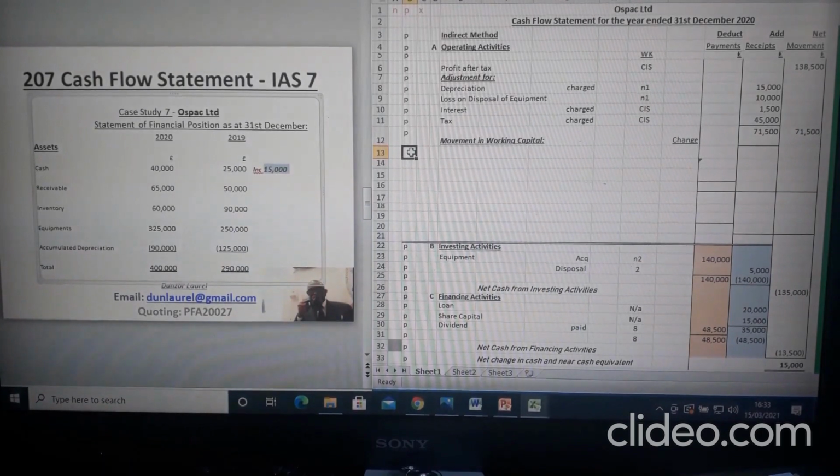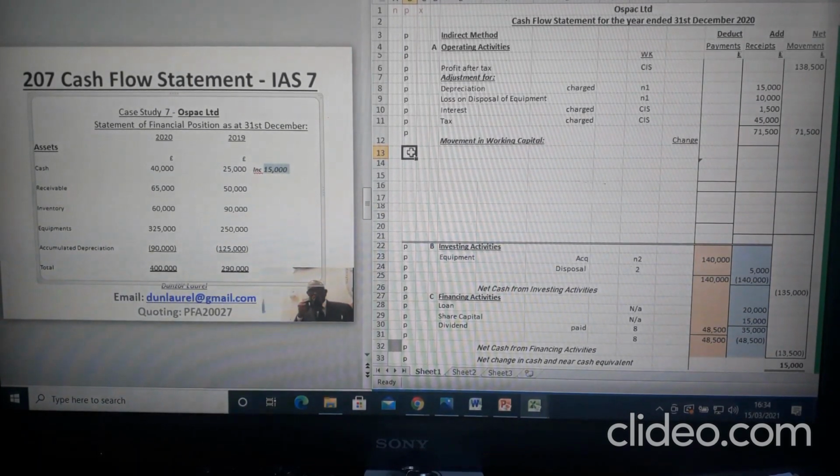What you need to know here is any increase in receivable is an application, meaning you've given an interest-free loan to your debtors. Any decrease means you've collected, so it will be a source. Now, for inventory, any increase in inventory will be an application, meaning you've bought more.